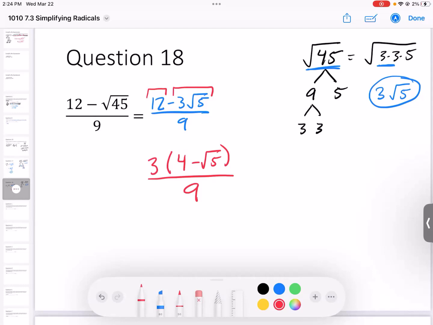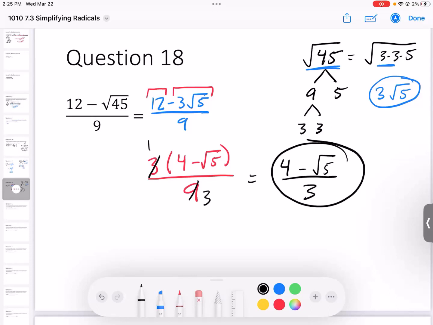So since it's in factored form and everything's being multiplied or divided, I can say, well, 3 over 9 will reduce to 1/3 because 3/9 equals 1/3. And so my fully simplified expression for this would be 4 minus the square root of 5 all over 3. And that would be my final answer.